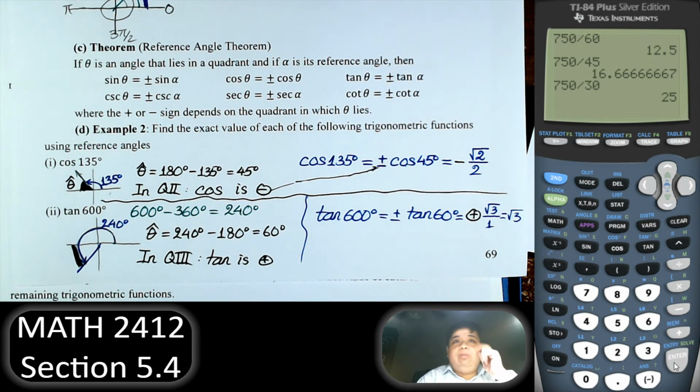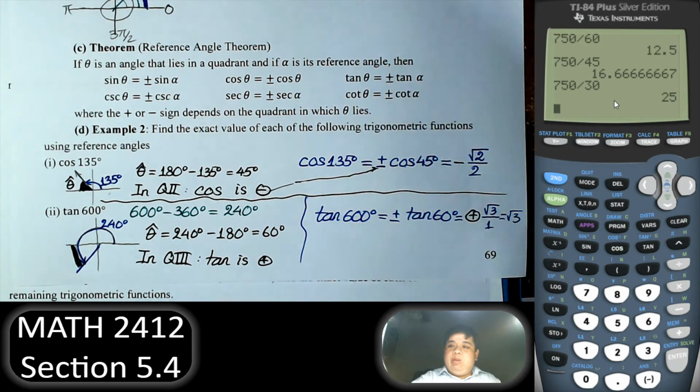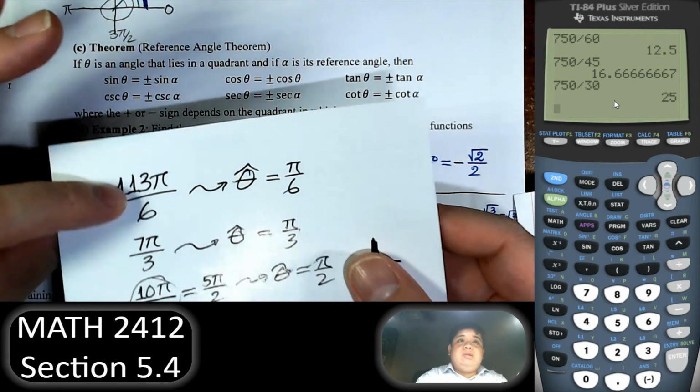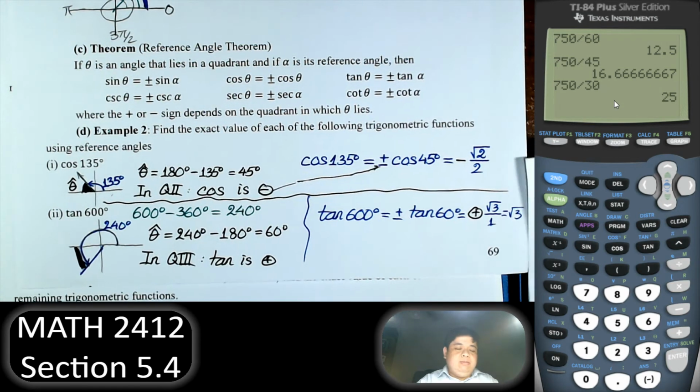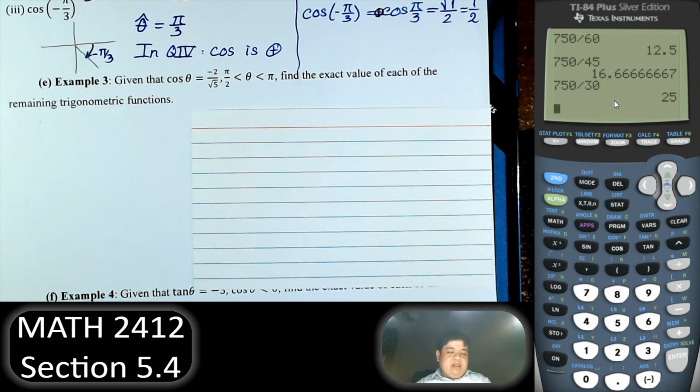Yes, because it comes up with a whole number. So the first whole number we get is 30 degrees. That is the reference angle. By the way, it only works for 30, 45, 60, and 90, as in the case of pi over 6, pi over 4, pi over 3. Right, that's the reference angle.